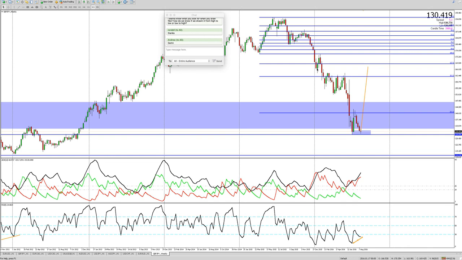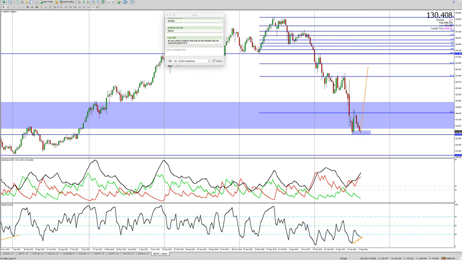Look what happens. It does that, pulls back, hits an area of resistance. Okay? Oops. Hits an area of resistance and falls down. 127, 161.8. Next extension will be what? 261.8.